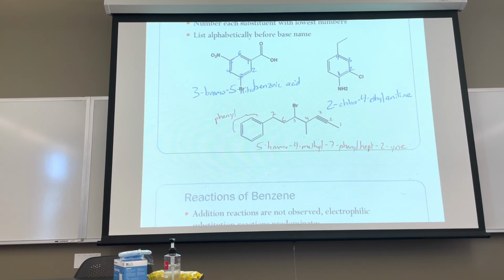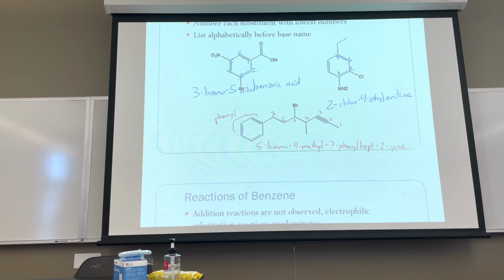Like if you go back to the example we looked at at the beginning of the semester, we saw some enyne compounds, and it didn't matter whether the double bond was closer to the end or the triple bond was closer to the end. You handle them all as just multiple bonds, numbering so that you're closest to the end of any multiple bond, regardless of whether that was triple or double.